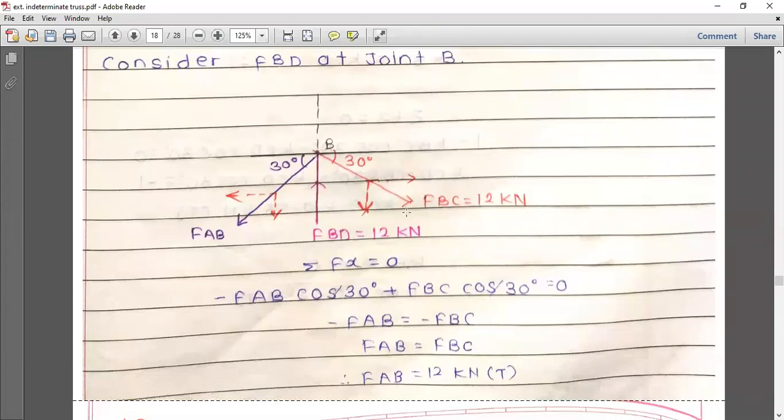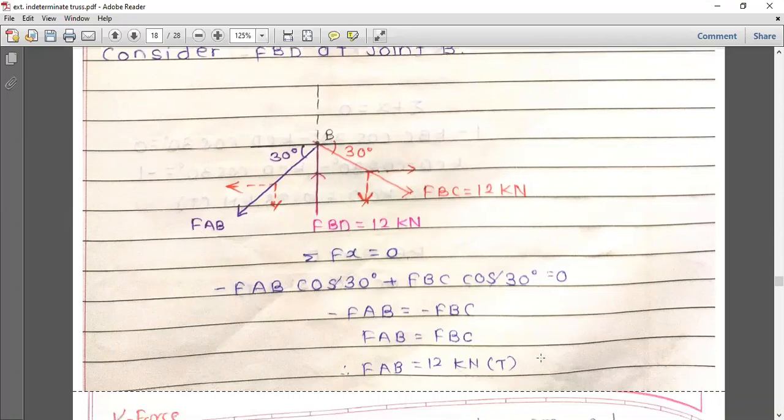So minus 12 cos 30 plus FBC, that is plus 12 kilonewton cos 30, minus FAB cos 30, going to left so minus, equals 0. From this we are getting the force in member AB.